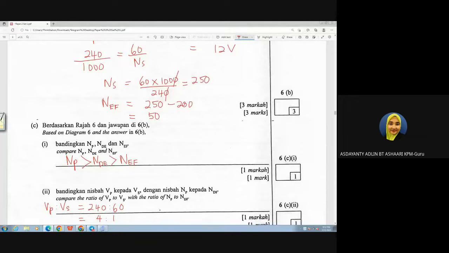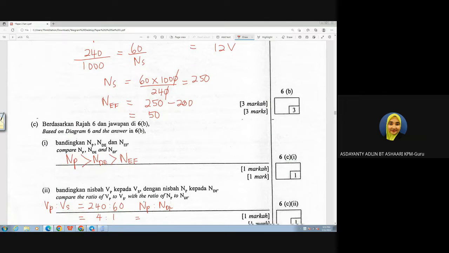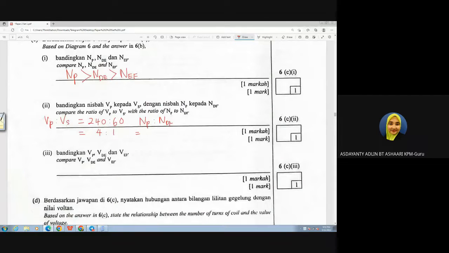Okay, NP to NDF. What will we get? Number of primary is 1000.